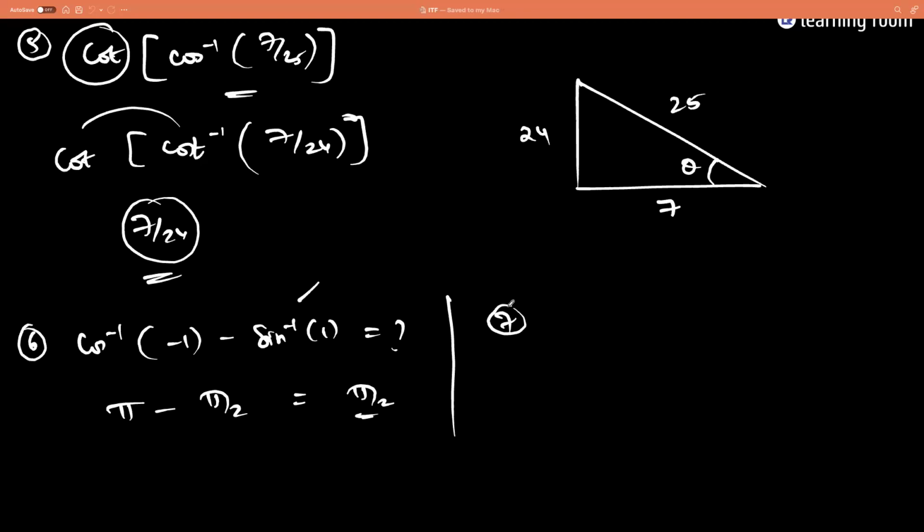Seventh one. So the value of the expression sine of cot inverse of cos of tan inverse 1 is equal to how much? I'll get my charger and be back. Keep solving this.